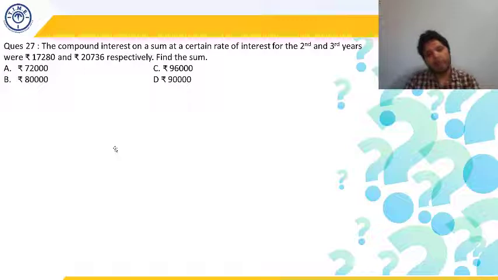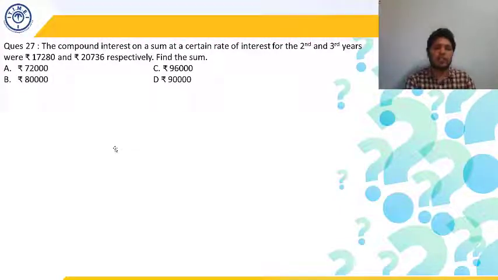Next, question number 27 of your handout. So just go through the question once and try to get an idea of what has to be done. This question is a little bit lengthy, so take 1 minute to understand what has to be done in this question, and what could be an alternate approach to solve this question rather than going for the original approach. So just try and understand what is asked in the question.